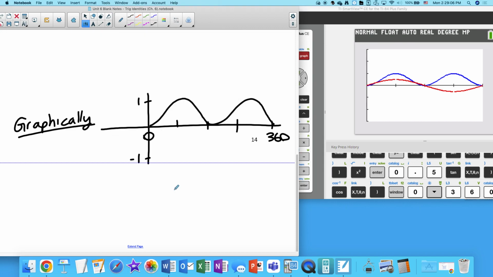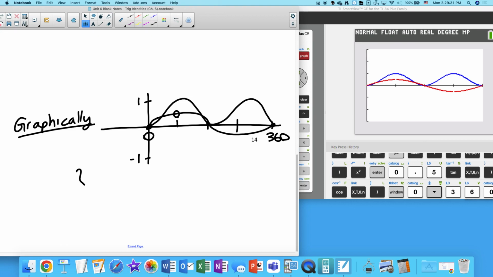No. Okay. It goes like this, where there's an intersection here, and then here, and then here and here, and then here and here. Okay, but can you guys see on the graphing calculator that there's almost like a little break in the graph right here and right here?